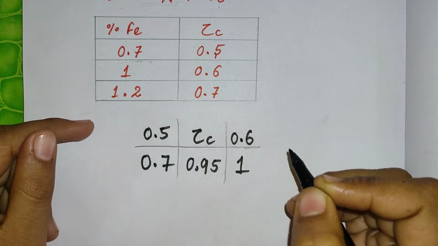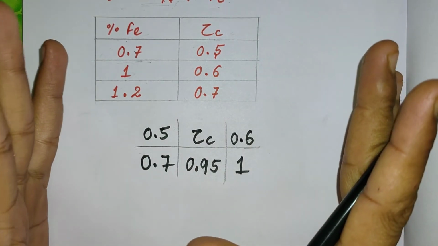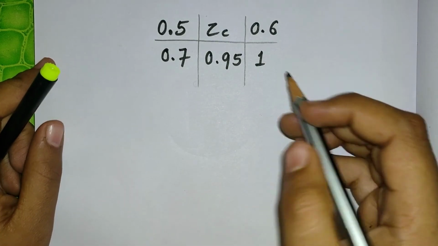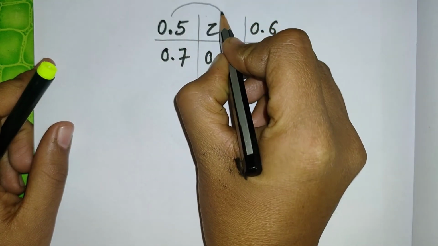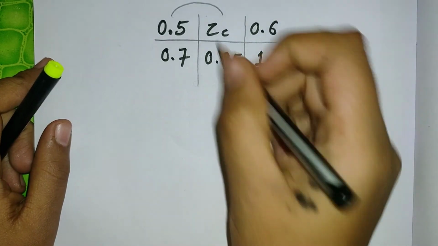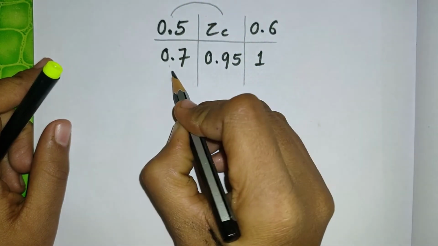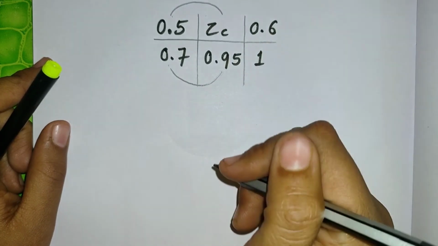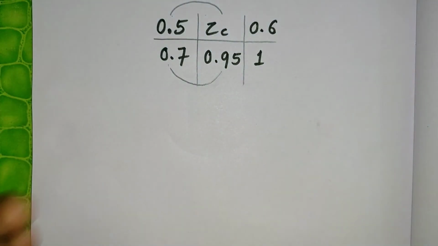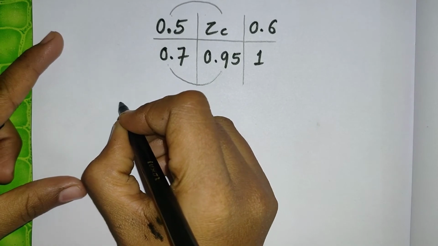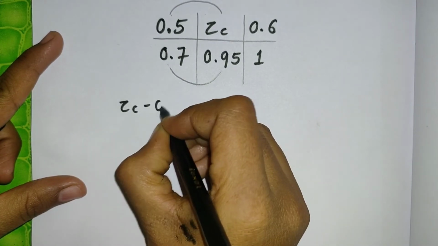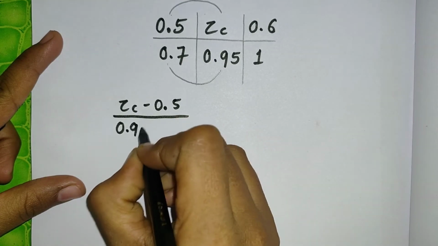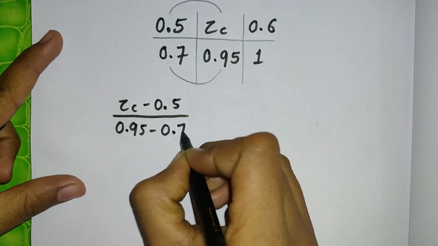Now you can do interpolation easily. What you have to do is, first of all, again subtract the first value from the middle value. After that, divide that by the first value minus the second value. Now it will become tau c minus 0.5 upon 0.95 minus 0.7.